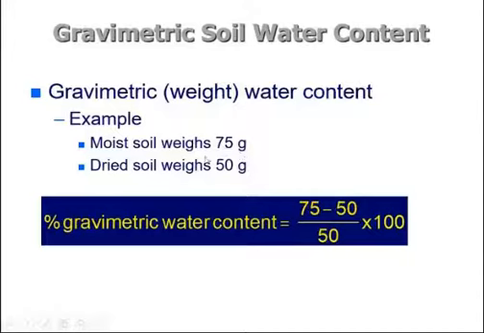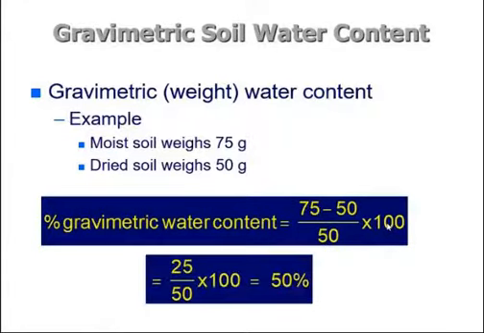After the oven drying, after 24 hours at 105 degrees Celsius, the mass of the soil is reduced to 50. So how can you calculate the gravimetric moisture content? Very easy. Moist minus dry over dry: 75 minus 50 divided by 50 times 100, and that gives you 50%.